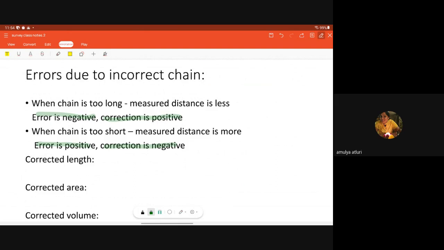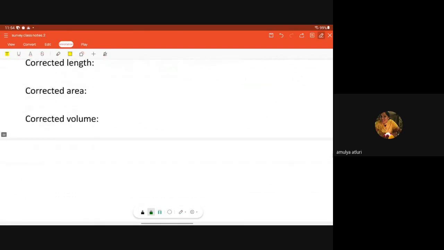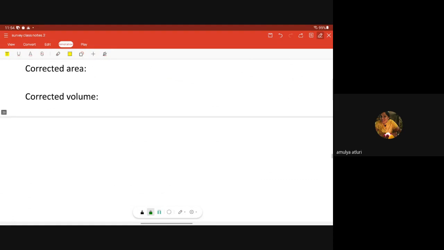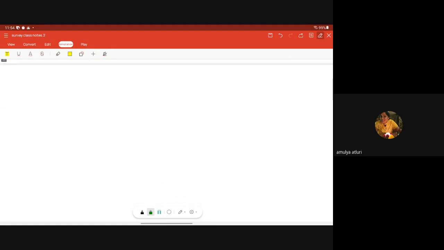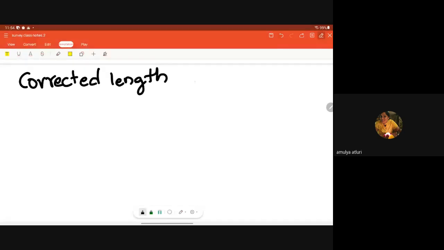Got it? Now, let's deal with corrected length, area, and volumes. How do we do the corrected length? What is the formula for corrected length? Let's suppose corrected length L is equal to L dash into capital L by small l.